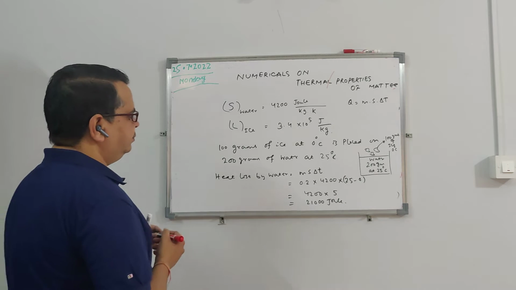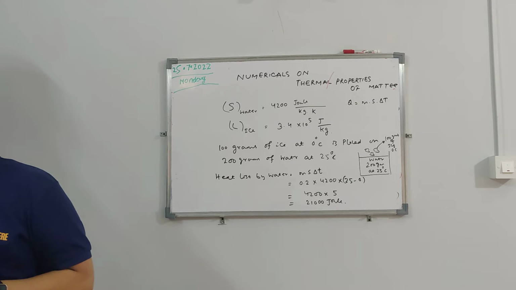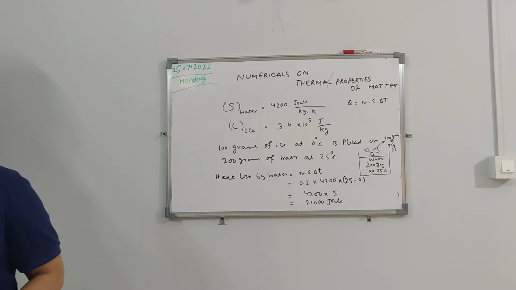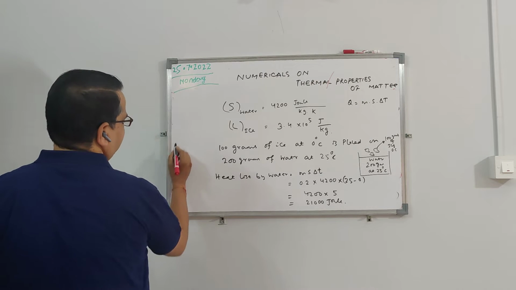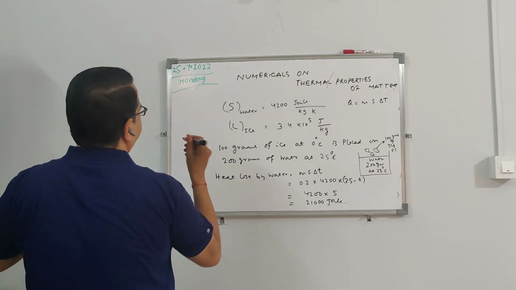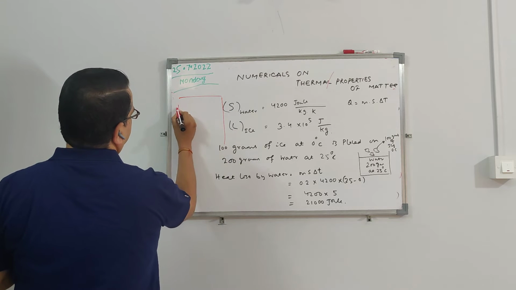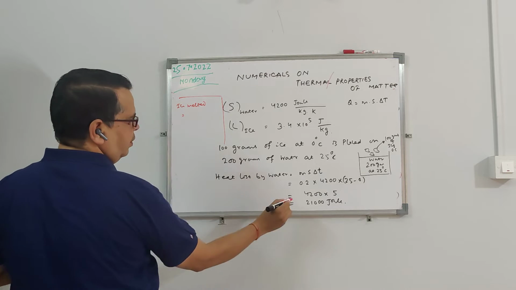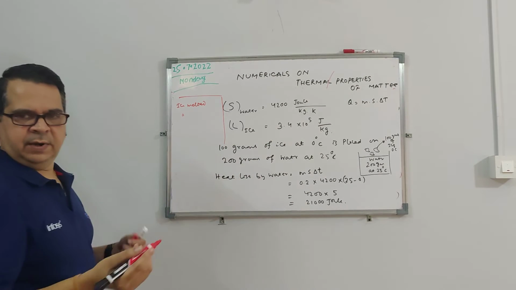So the ice melted is equal to the amount of heat lost, which will be gained by the ice.